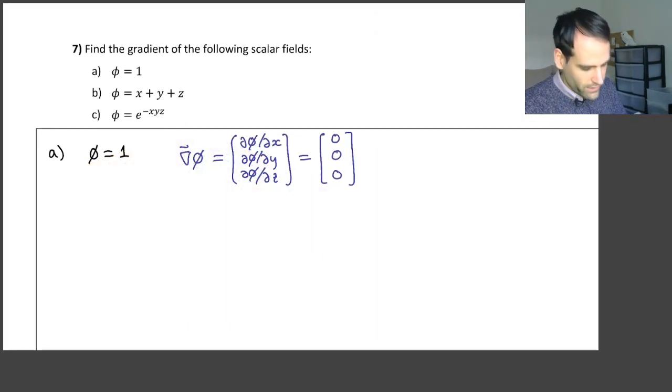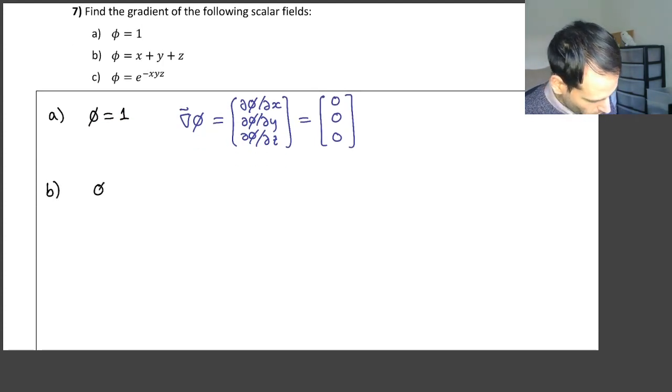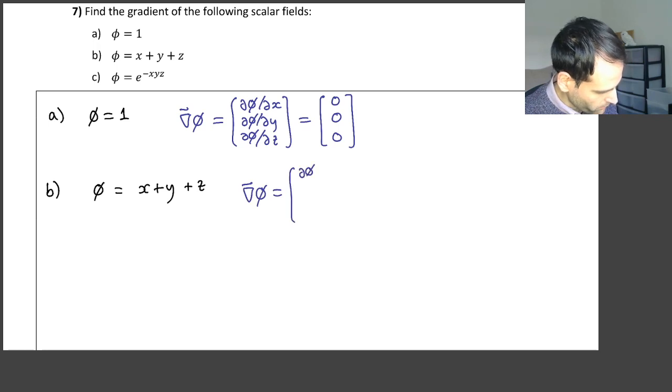Great. Let's do B. So the scalar field in B is x plus y plus z, which means that the gradient of phi is equal to the derivative of phi with respect to x, the derivative of phi with respect to y, and the derivative of phi with respect to z.